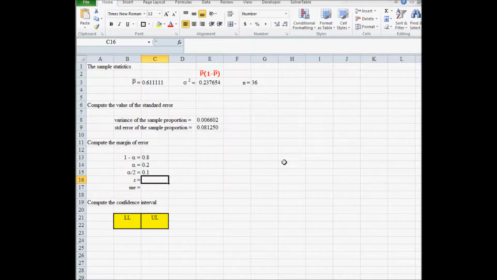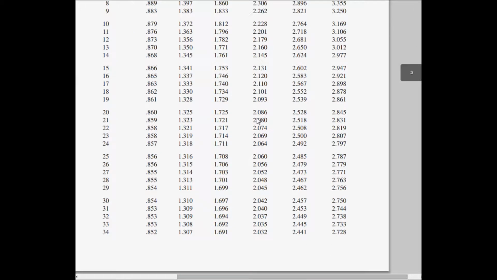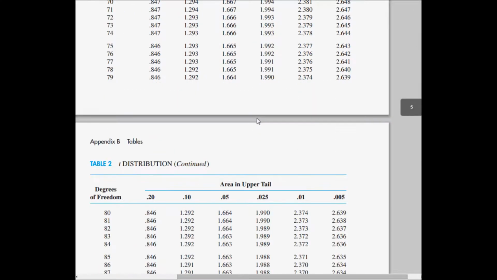The z-value can be found in the standard normal table, but those values are only to 2 decimal places. We can find z-values in the infinity row of the t-table. And we're going to find that z-critical value in column point 1 and row infinity. So I'll scroll through to the infinity row of the t-table.